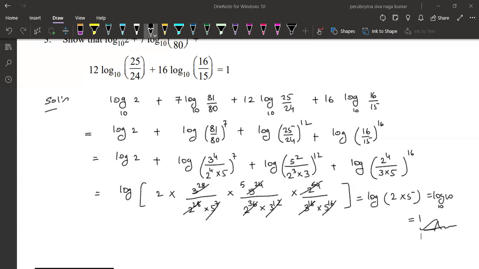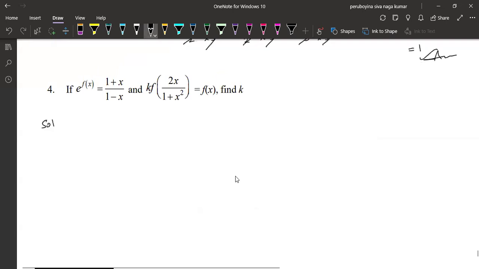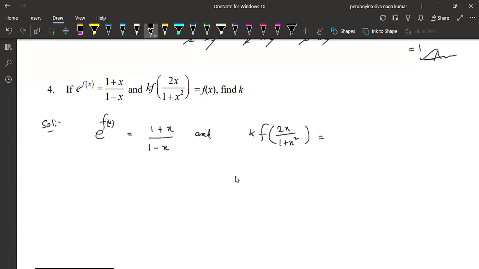And next, fourth problem. If e power f of x equal to 1 plus x by 1 minus x and k into f of 2x by 1 plus x square equal to f of x.